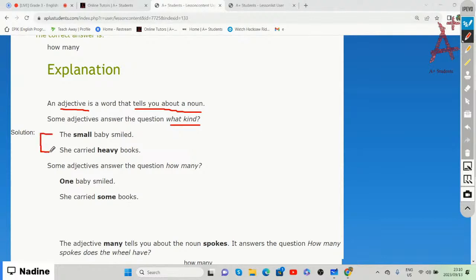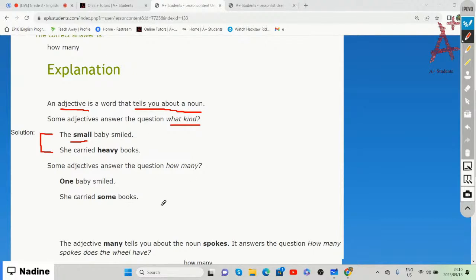Like if we look at these two examples, the small baby smiled. So instead of just saying the baby smiled, we can describe the baby as small, chubby, or cute. We can even say the bubbly, cooey baby.